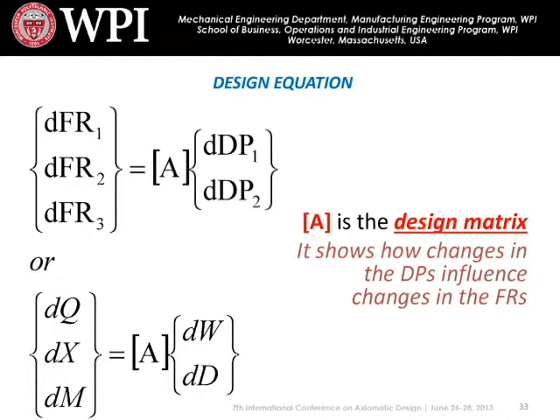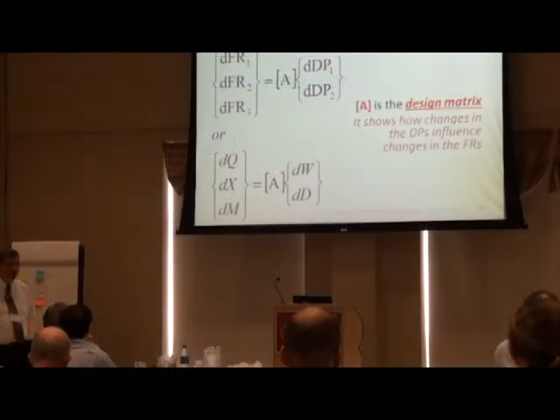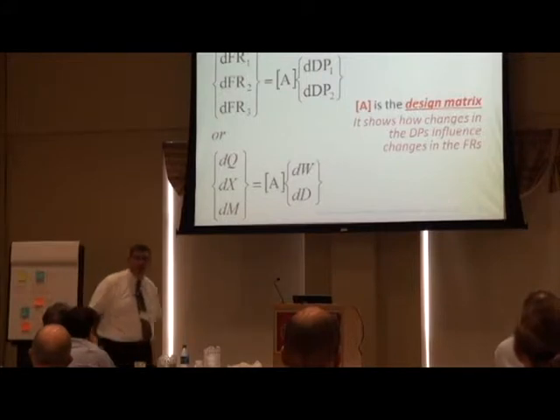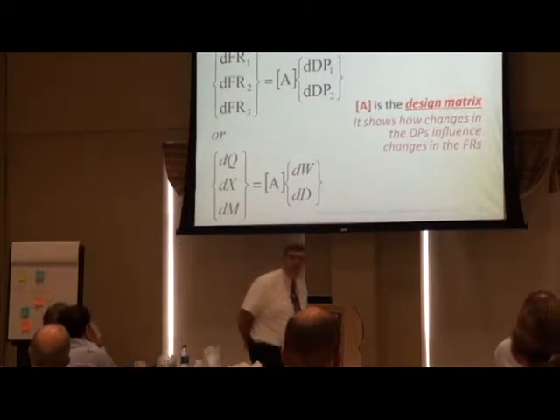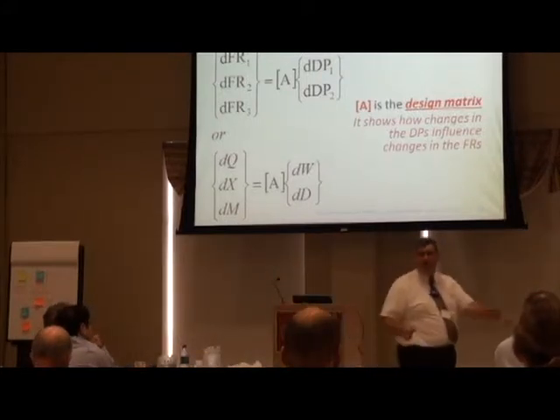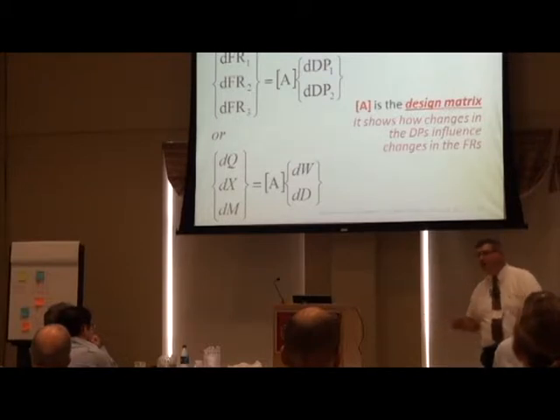Does anybody have any comments about this particular set of equations? Something unusual? How many FRs are there? There are 3. How many DPs are there? 2. How do we adjust the system if we have 2 DPs affecting 3 FRs? We're back at the sink again, right? All kinds of iteration happening in this.